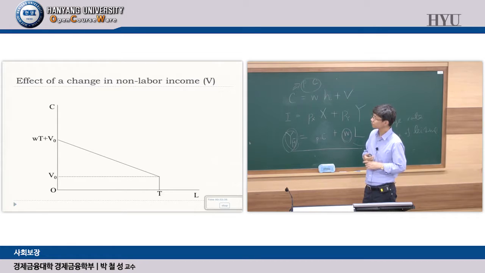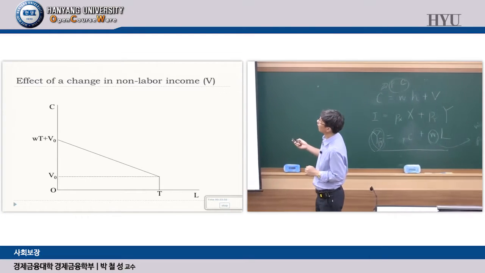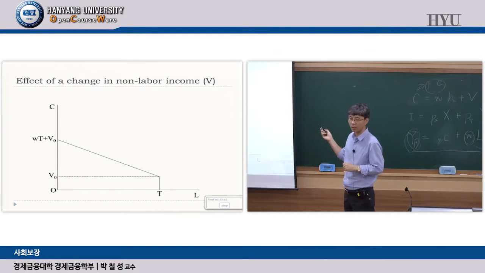Now, let's think of the interesting part. Let's see how individuals respond when the budget constraint changes. First, what happens if the non-labor income increases, for example?